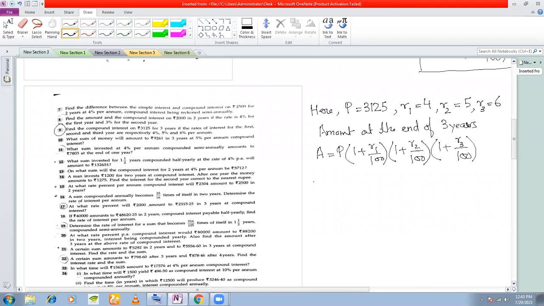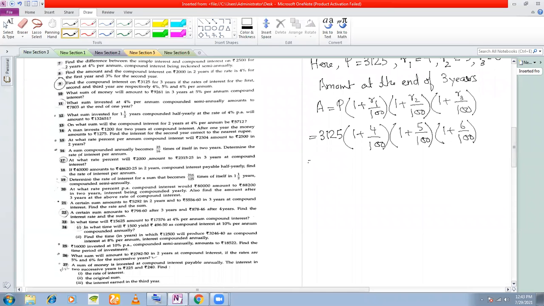Now simply put the values. 3,125 into 1 plus R1 is 4, R2 is 5, R3 is 6.